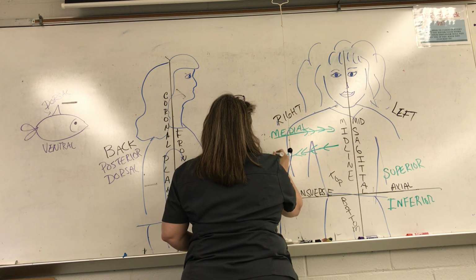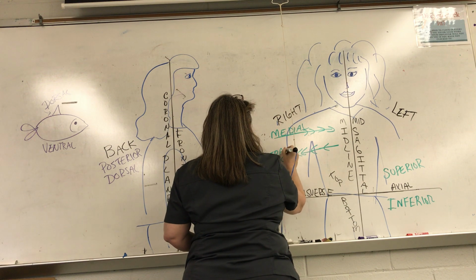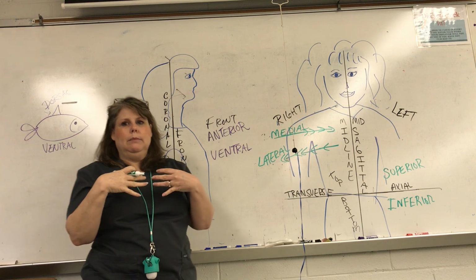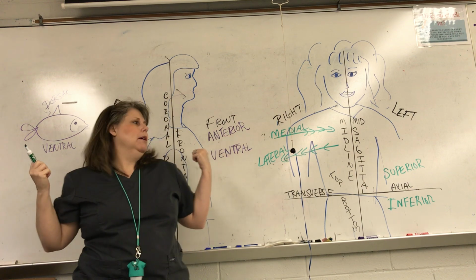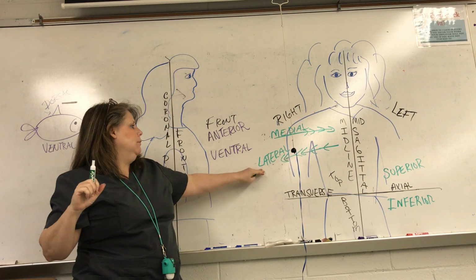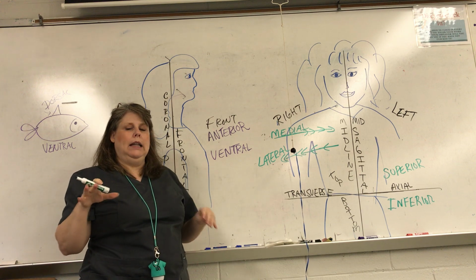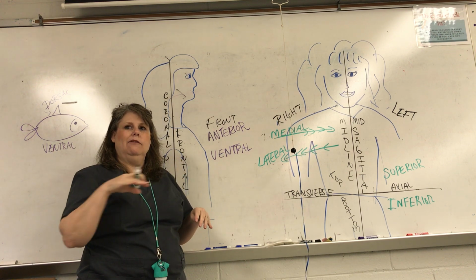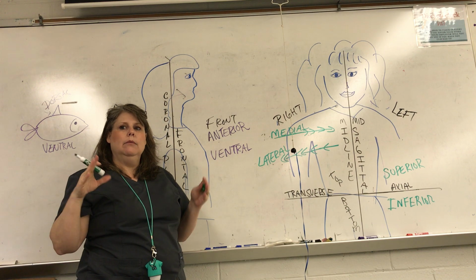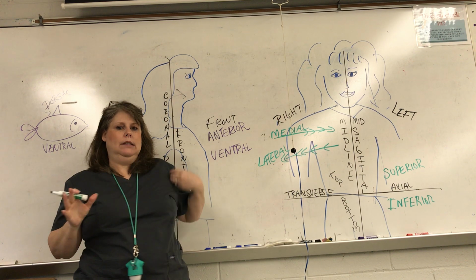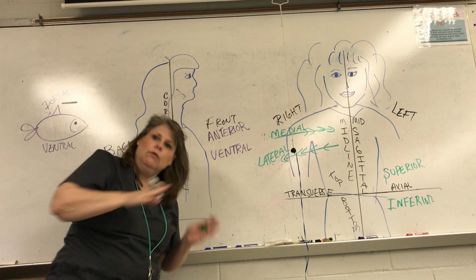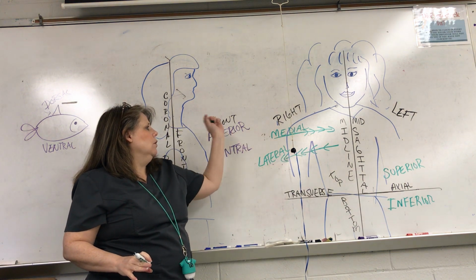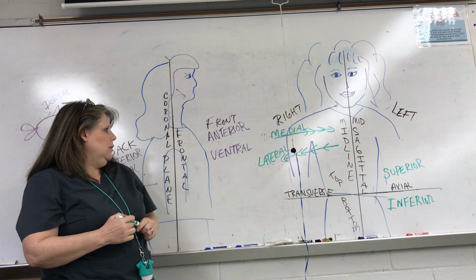So it means towards the side or away from the midline. So medial's towards the middle, lateral's away from the middle. Lateral literally means side. If you think about laying sideways, that left lateral recumbent position, the word lateral is on the side, so it's like you're laying on your side. So away from the midline is lateral, towards the midline is medial.